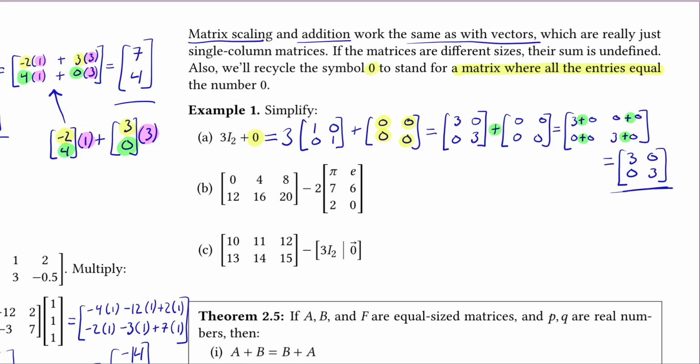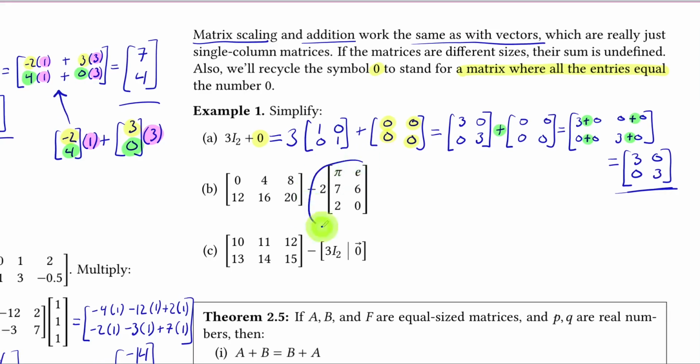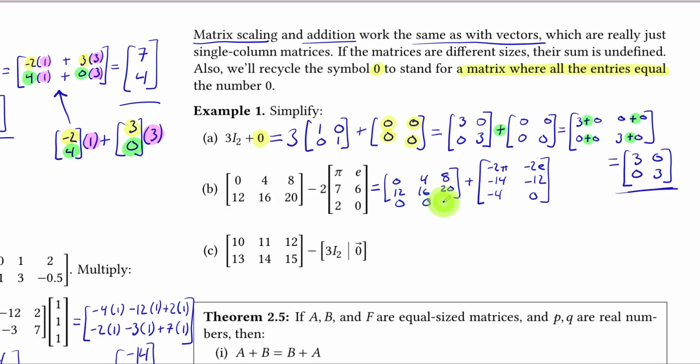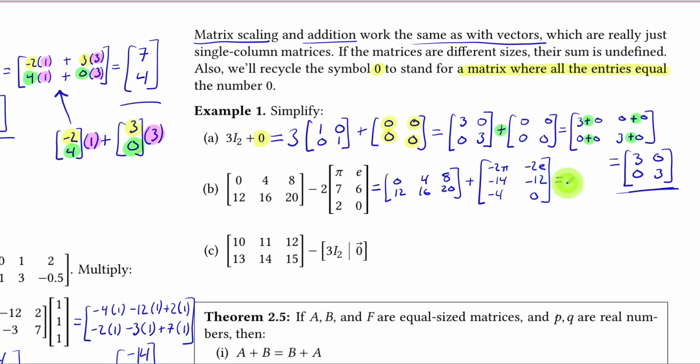Okay, with B, well, we can do this multiplication by 2, but at this point, these are differently sized matrices, so there isn't really a good way to define how to combine these. I believe with MATLAB, it will let you do it. It will just sort of add in zeros in the places that it needs to make it so these can be defined, I think. But in this class, anyways, we're going to just say this is undefined.